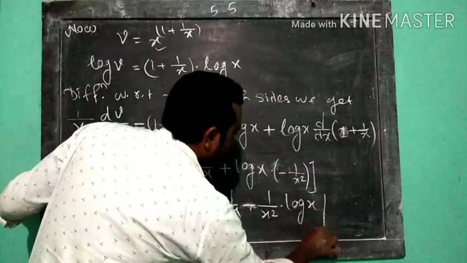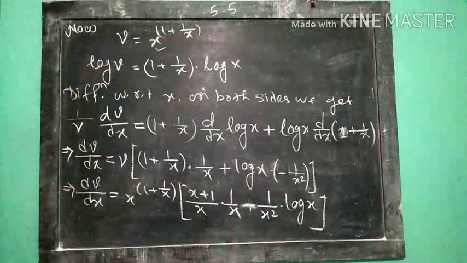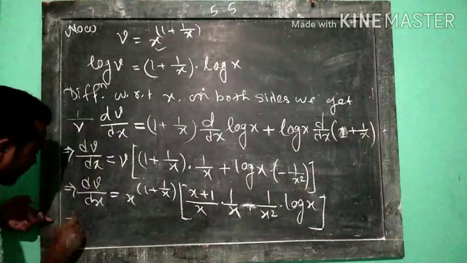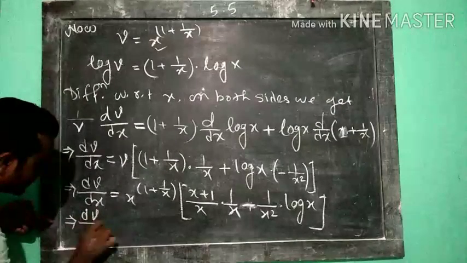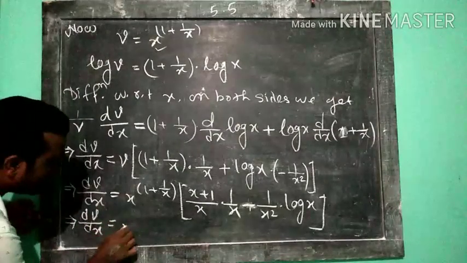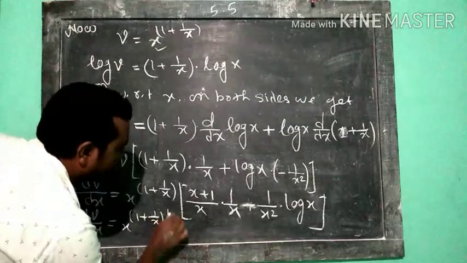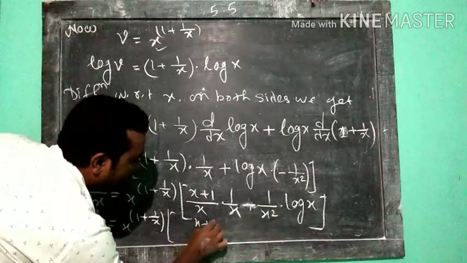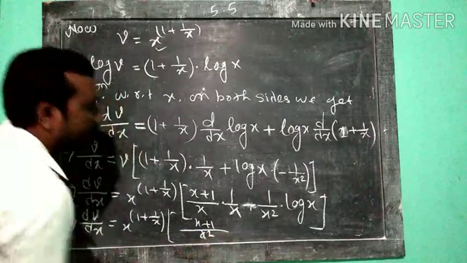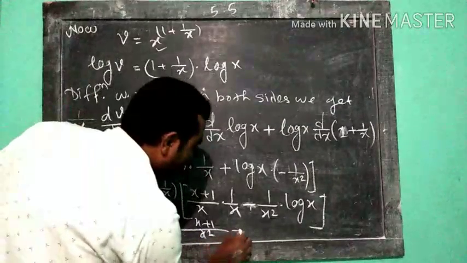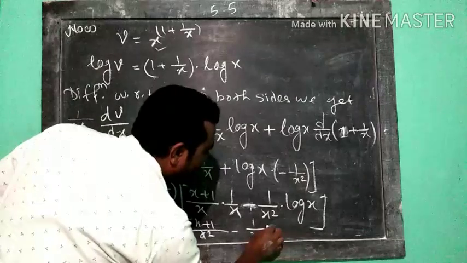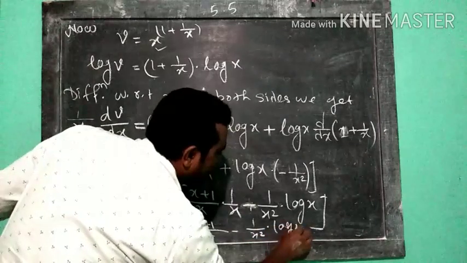So the final answer is dv by dx is equal to x to the power 1 plus 1 by x whole into (x plus 1) divided by x square minus 1 by x square into log of x.